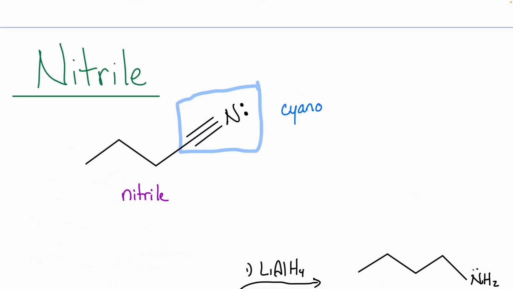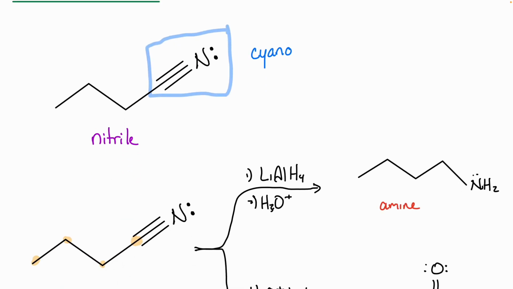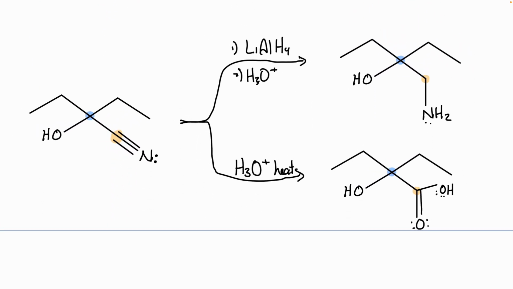They put this here in this chapter, and I've kind of labeled this under the category of other reactions of aldehydes and ketones that we got to know here. If we do a nucleophilic addition and add that cyano group on there, we can either reduce it with lithium aluminum hydride to an amine or oxidize it using acid and heat to a carboxylic acid.